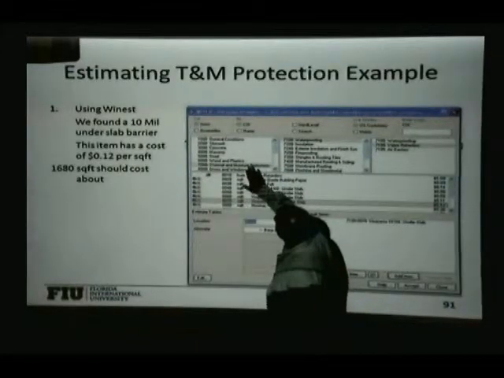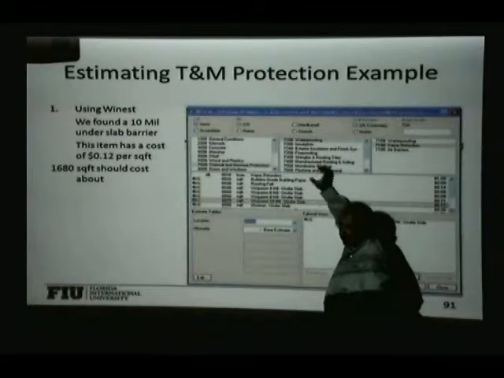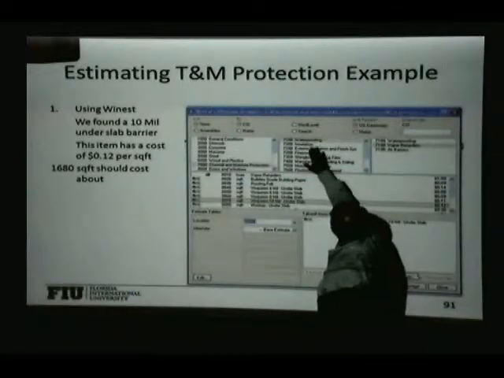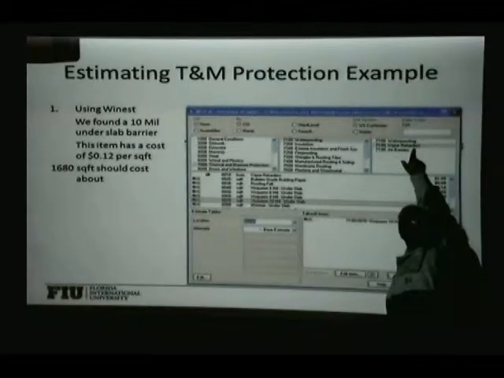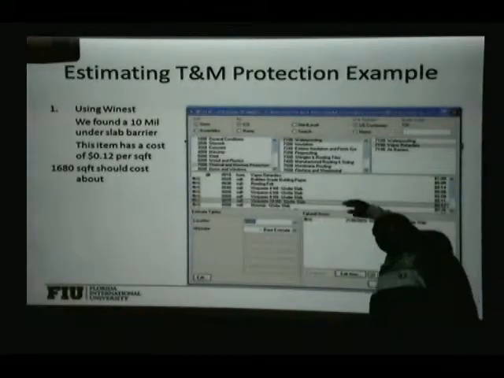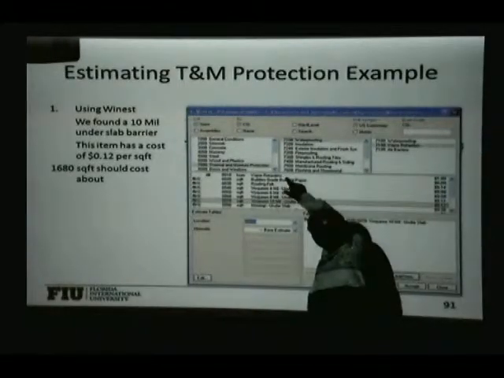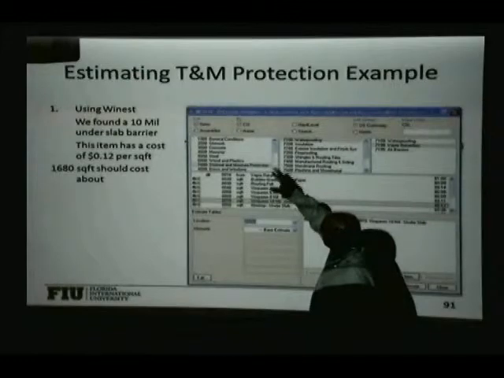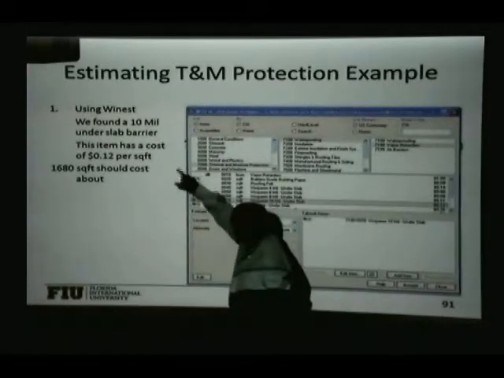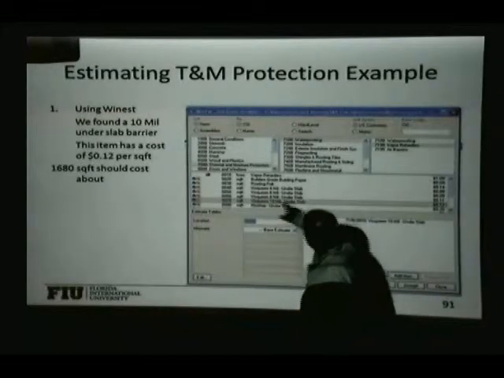When you highlight the division, it brings you to a detailed menu. So we're looking for waterproof and then vapor retardants. Within that, it gives you a list of different types of protection that you may have: 4 mil, 6 mil, 8 mil, 10 mil. These specifications call for a 10 mil vapor barrier, so we select that one.